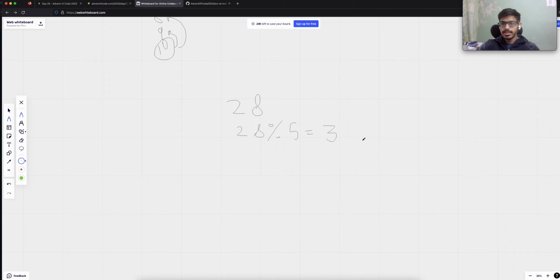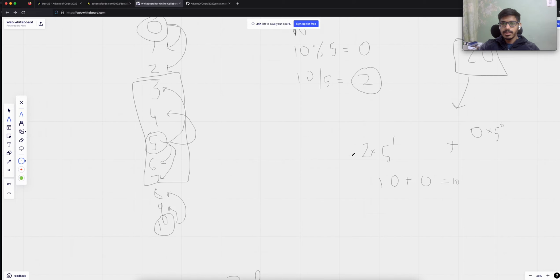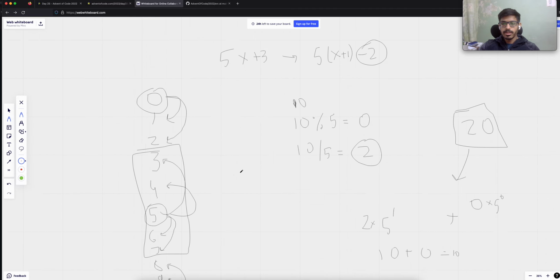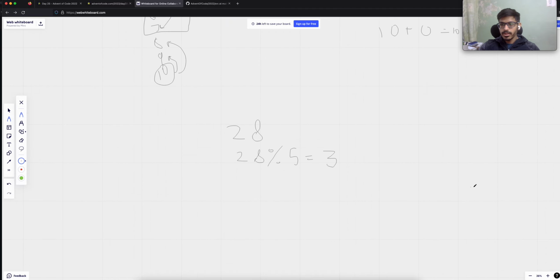So the first digit is 3. The representation for 3, if you remember, is minus 2, which is a double equal to. So we write a double equal to here, and now 28 is close to 30.